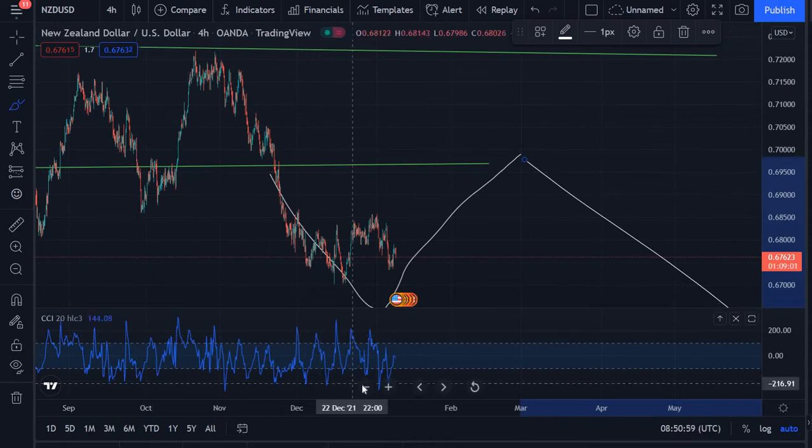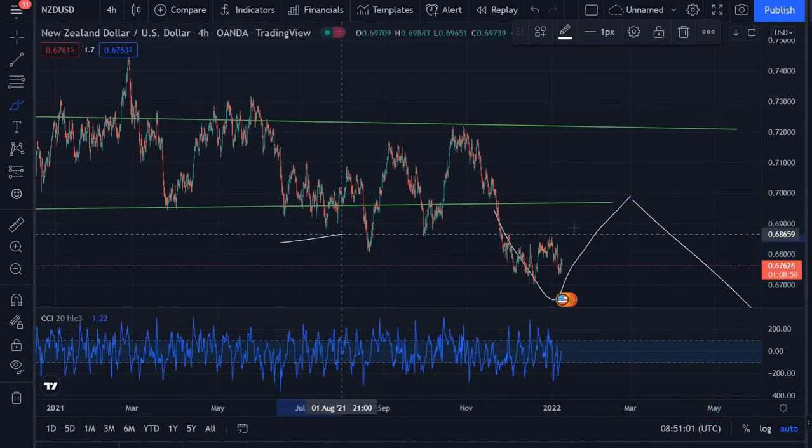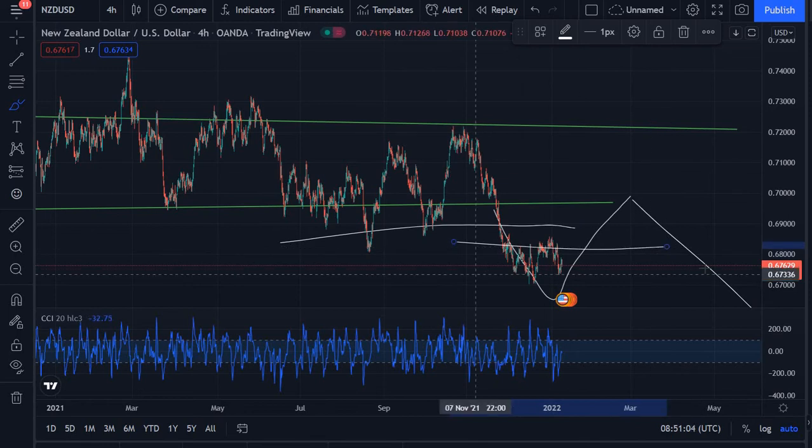Checking the 4-hour chart, it broke this line and now is again moving to this side here.